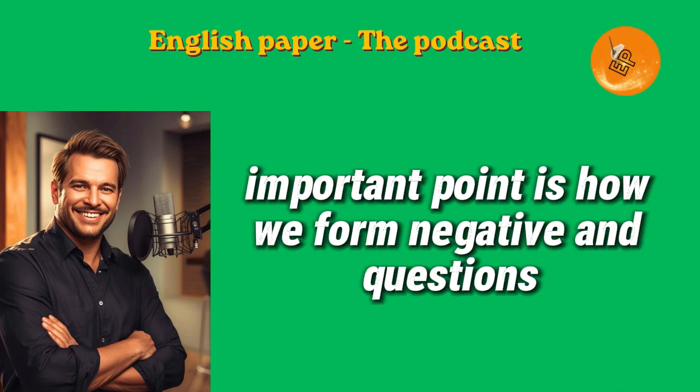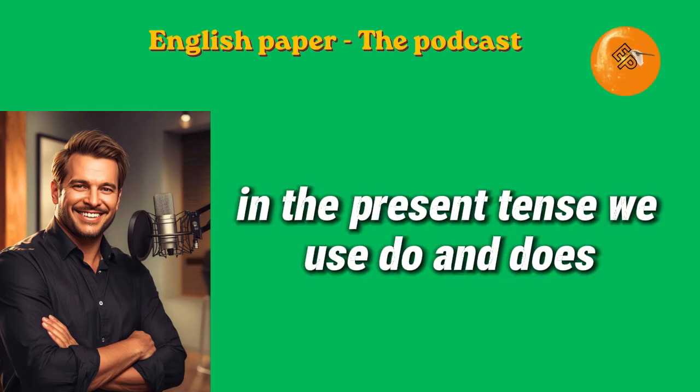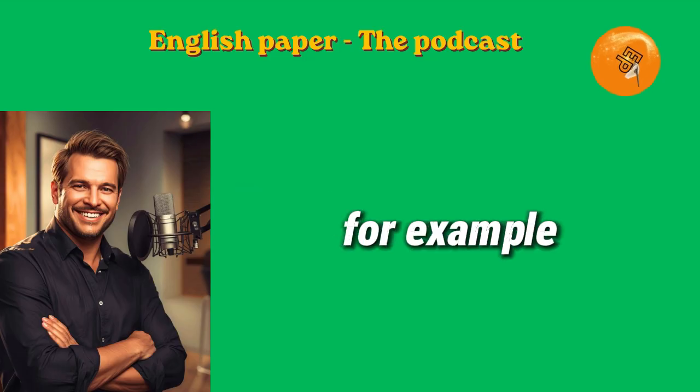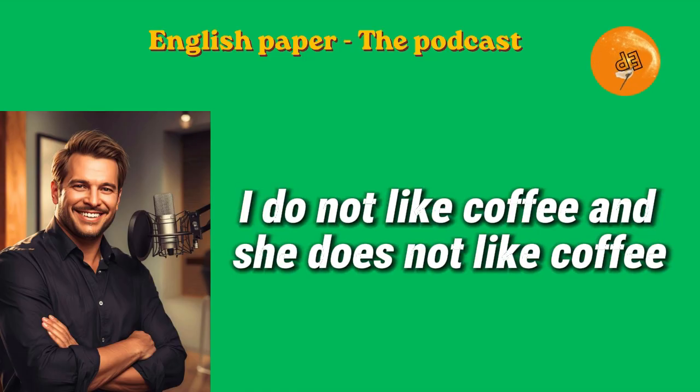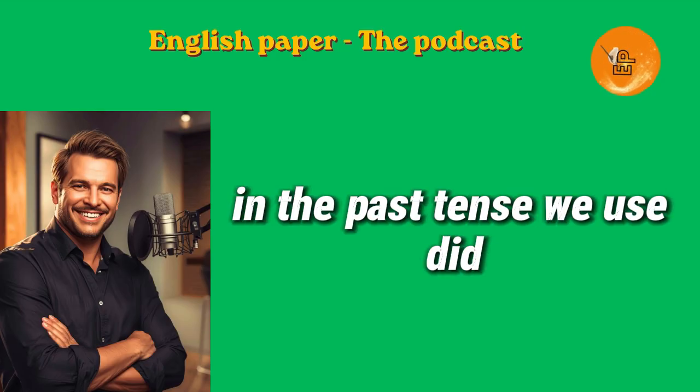Another important point is how we form negative and questions. In the present tense, we use do and does. For example, I do not like coffee and she does not like coffee. In the past tense, we use did.